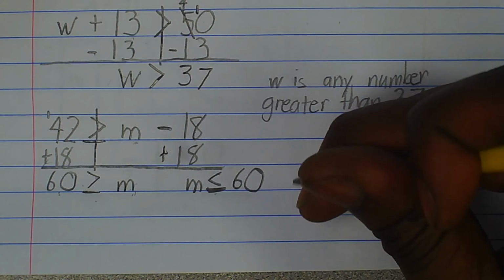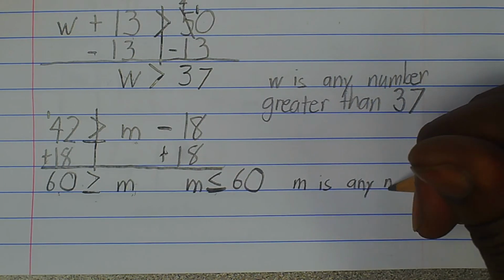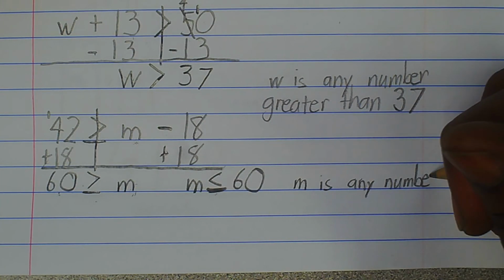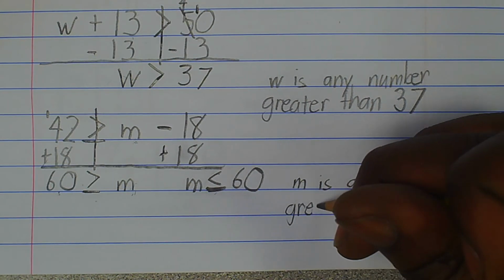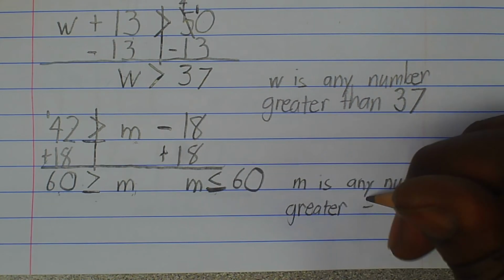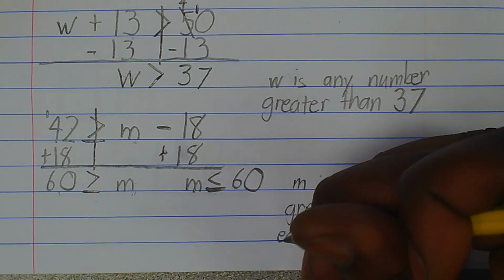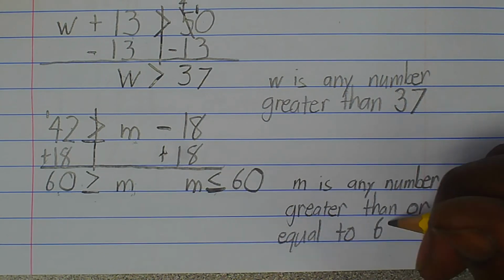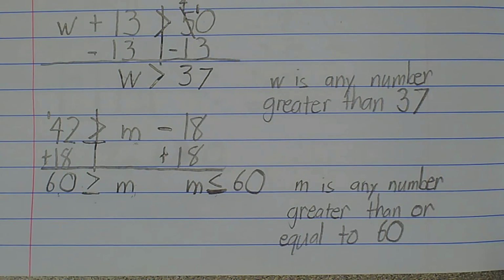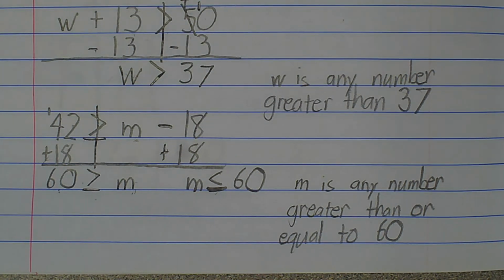So that means m is any number that is less than or equal to 60. Okay. All right. So now let's look at another example before we begin graphing.